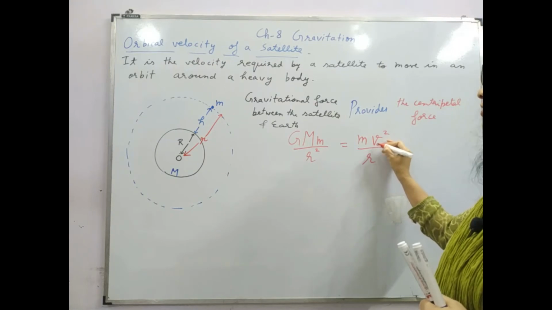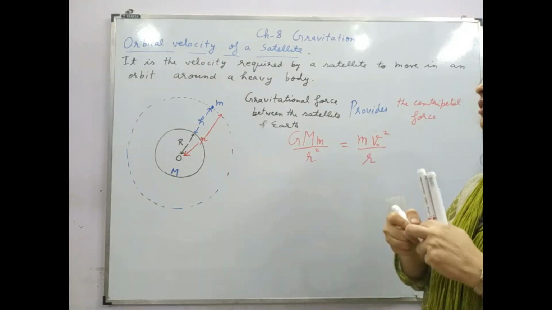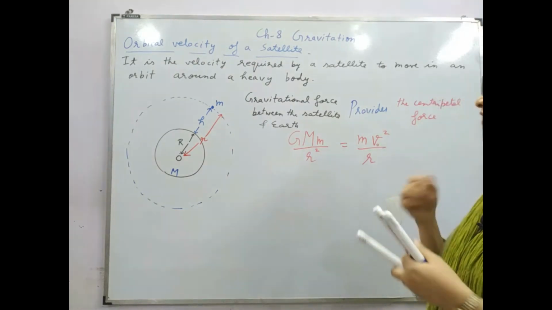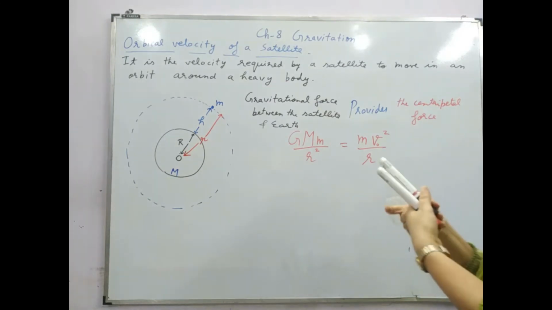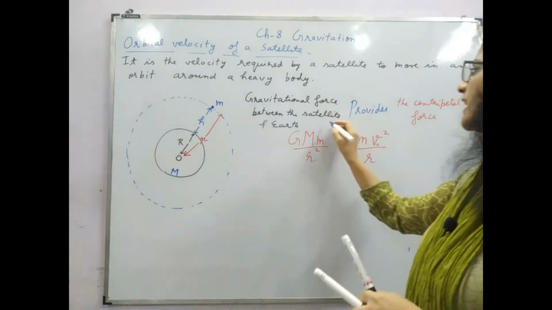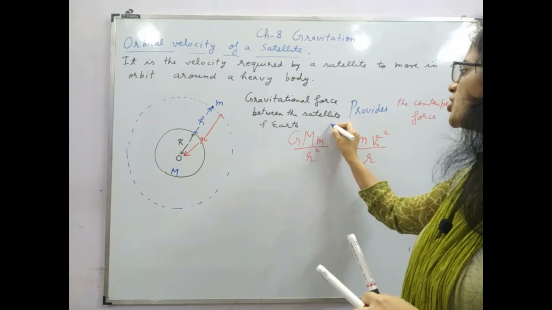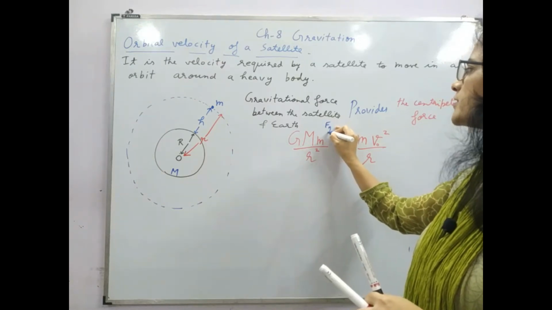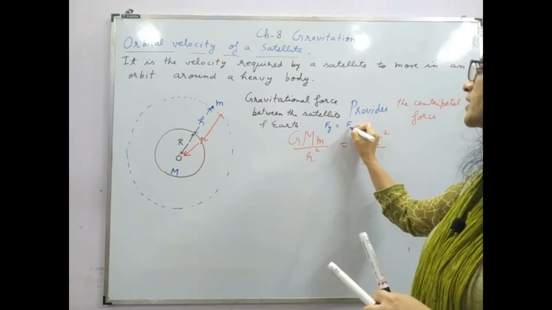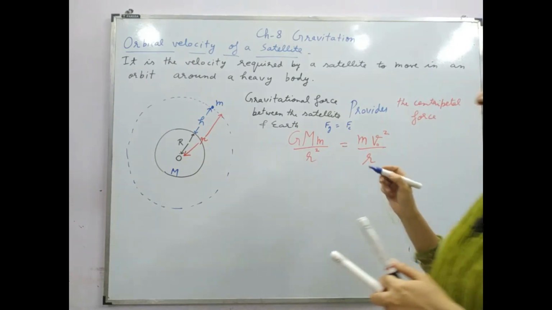Now I am writing O suffix over here because v_o is the orbital velocity of the satellite. Here you can also mention it like this, that Fg is equal to the centripetal force. So these values I have placed.